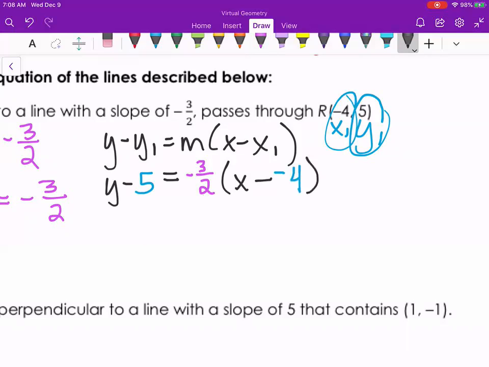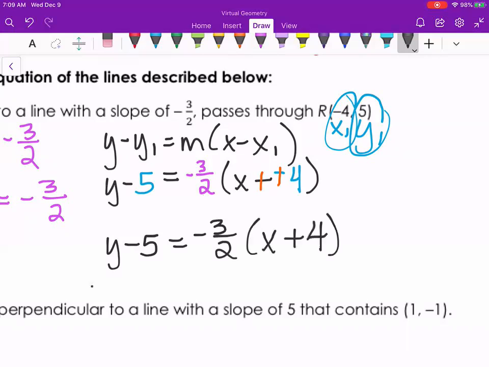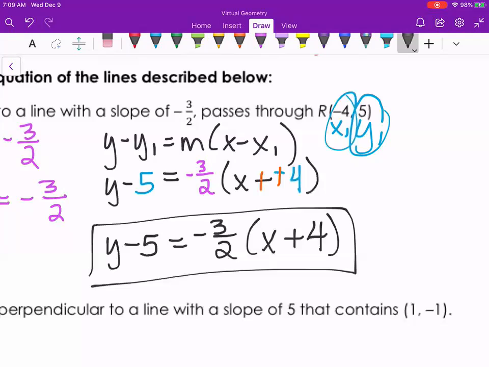Now we just need to clean this up because we have minus a negative happening. And like before, it's going to change to a plus. So y minus 5 equals -3/2 times x plus 4. And there is my equation.